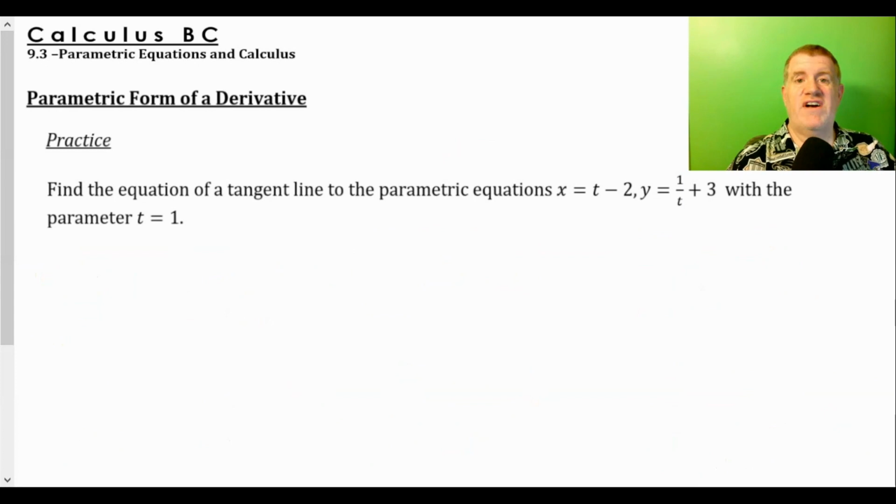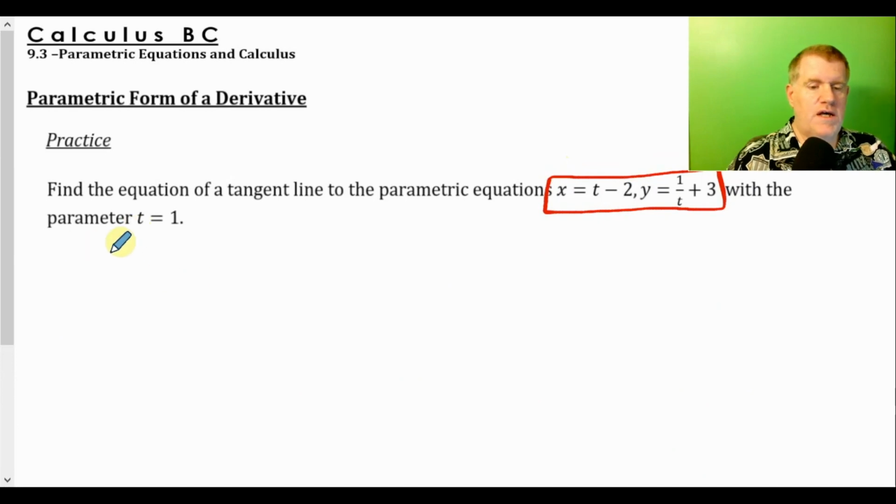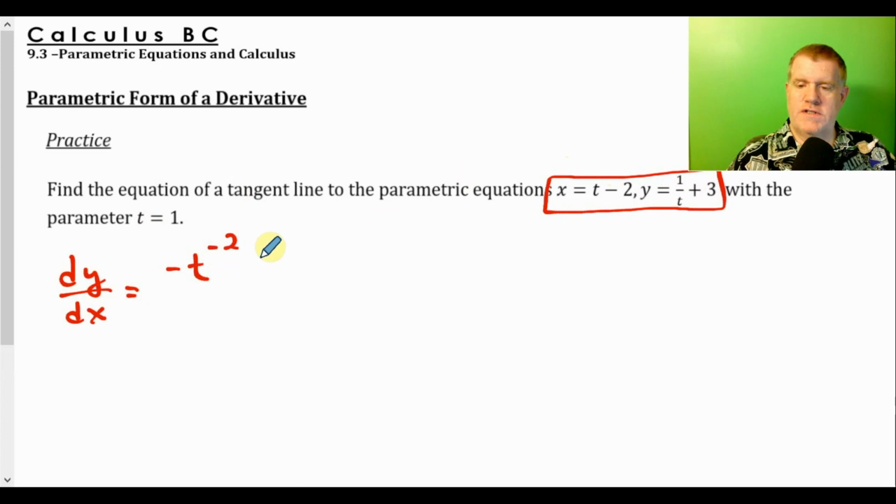Now let's take that and find a tangent line. Tangent line to this parametric equation right here, this pair, this set. So of course we need a slope and a point. So our slope, let's do it, dy over dx. The derivative of y with respect to t is negative t to the negative 2, right? That's t to the negative 1, good.